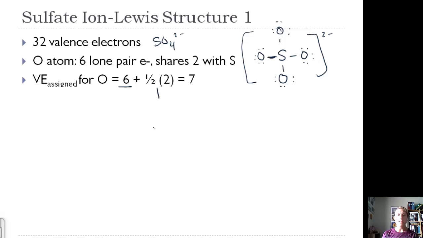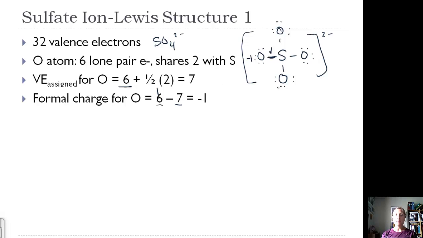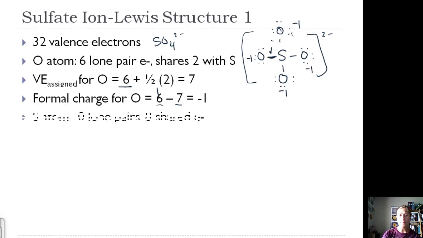So I would just count this as a 1, because there's one bond right here. And so it's 6 plus 1, which gives us 7. That's the assigned valence electrons. So now if we look at the formal charge, it's the number on that free atom by itself minus the number assigned. And so that gives us a -1. And because each of these oxygens is basically the same, they all have a formal charge of -1.